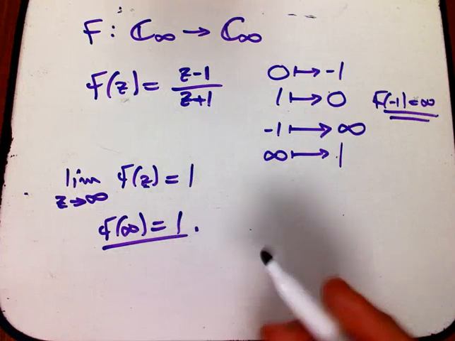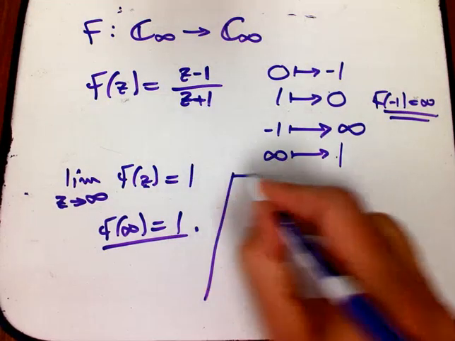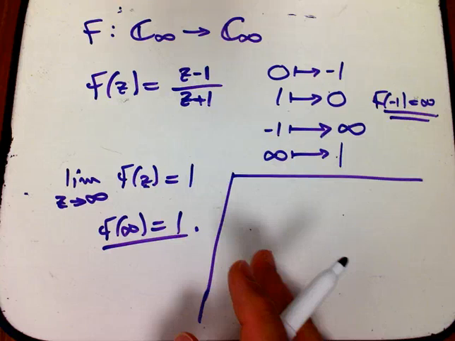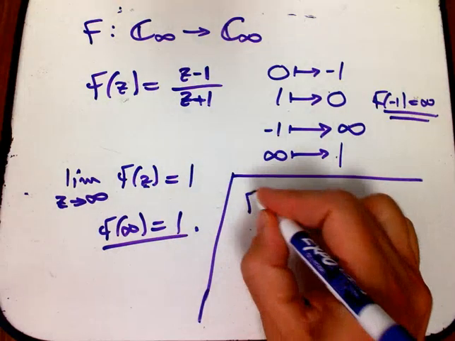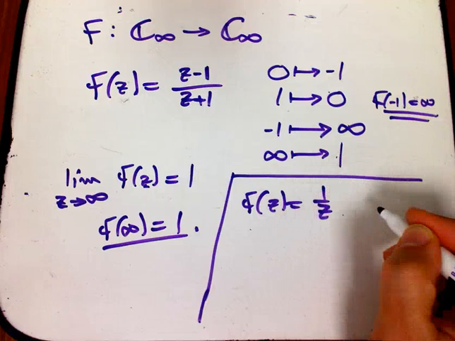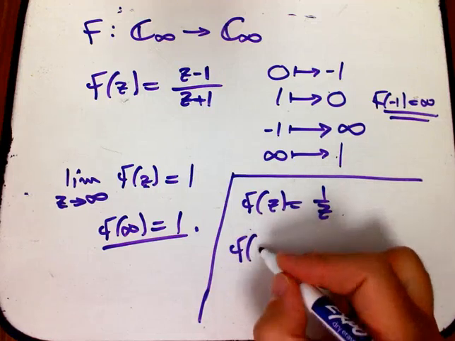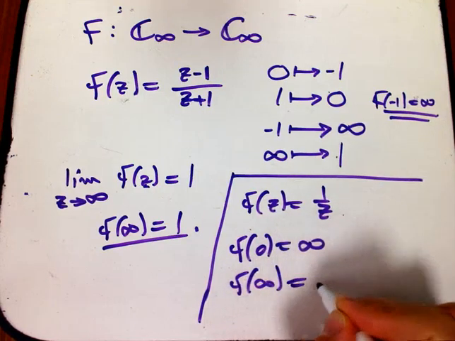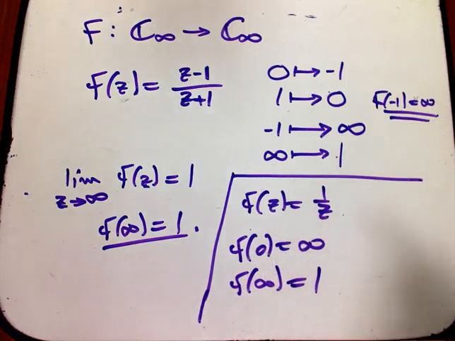Okay. So in particular, if you're really careful about what this all means and how it unpacks, let's say f of z is the reciprocal function itself. Then we could say f of 0 is infinity and f of infinity equals 0.